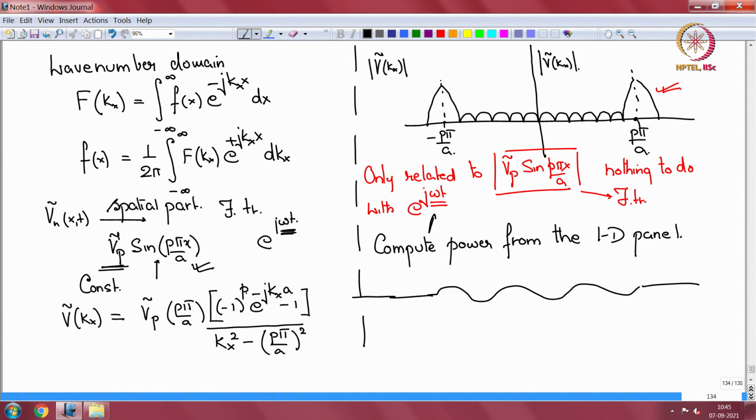We'll compute that using the normal velocity and the pressure on the panel. We'll compute it using these two expressions.